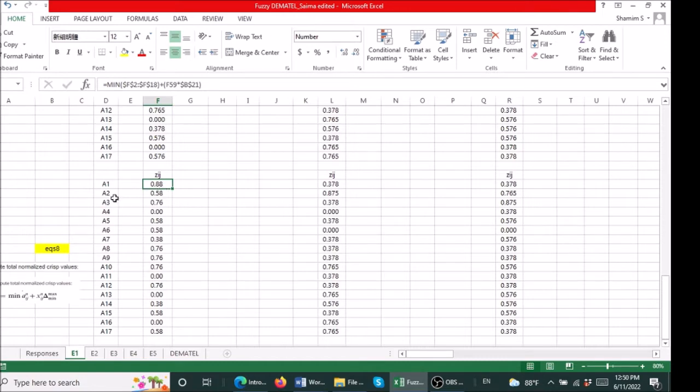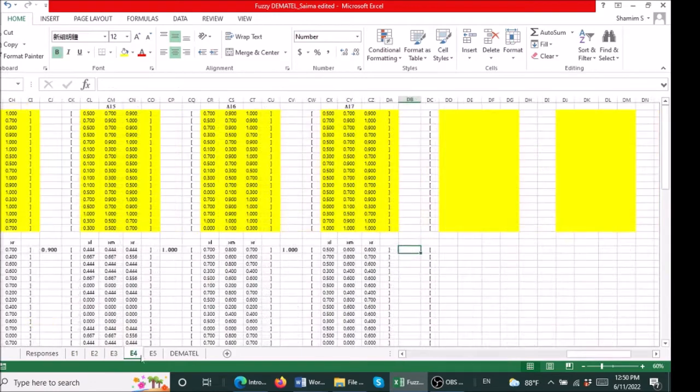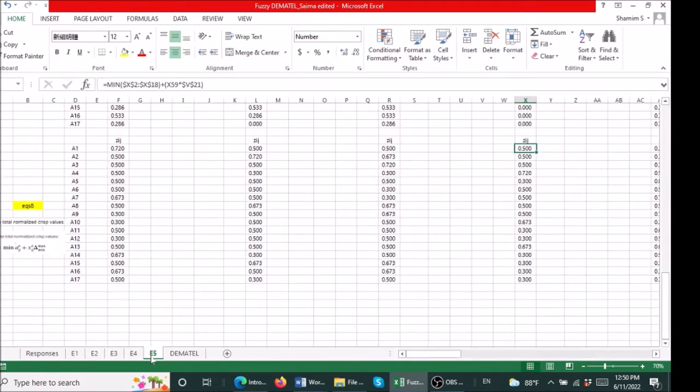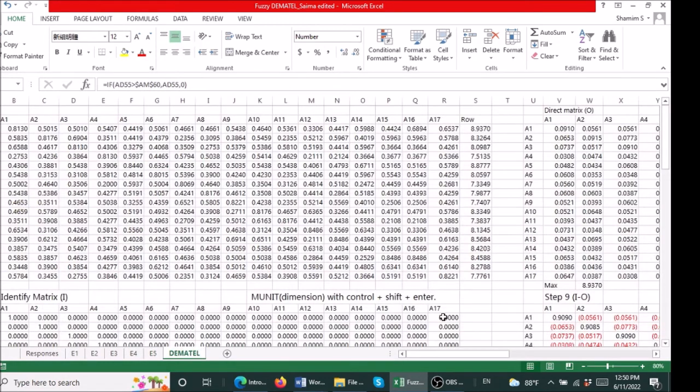So once you have done the crisp values of all experts, then what you do is go for creating this table.